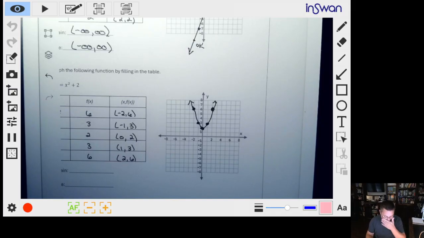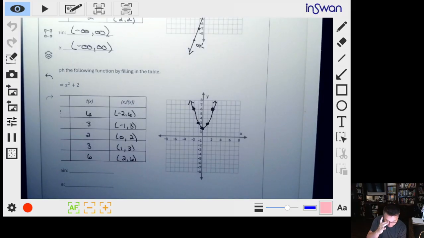So domain and range, again, if I'm walking on the axes. Now this function is a little bit misleading because you might look at this and say, well, if we're way over here, do we see something above or below? And the answer to that is, yeah, we actually do. But it's hard to tell from the graph.